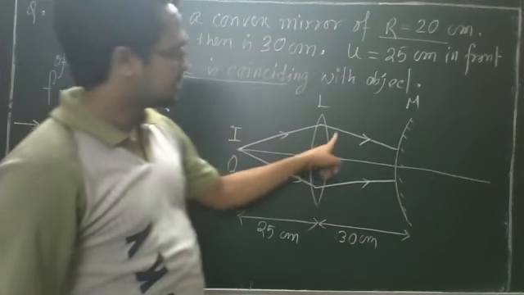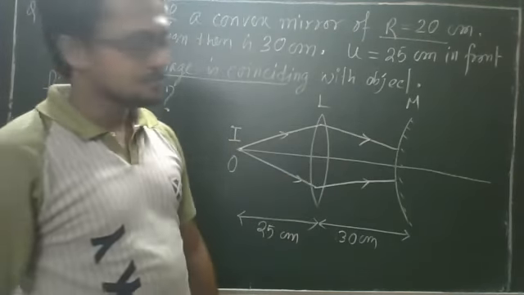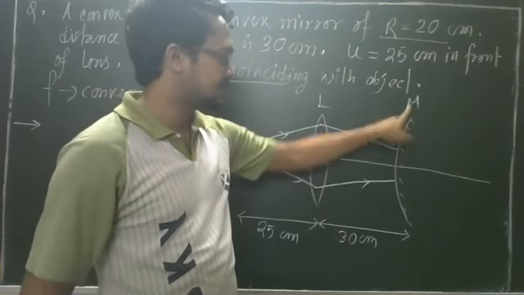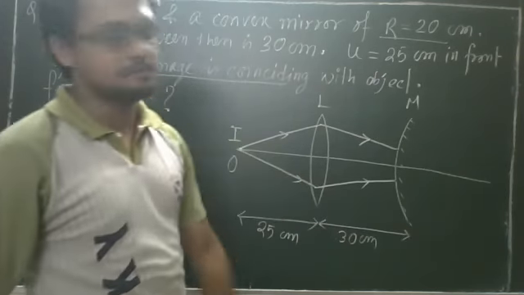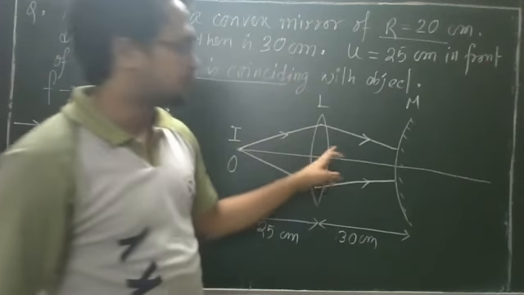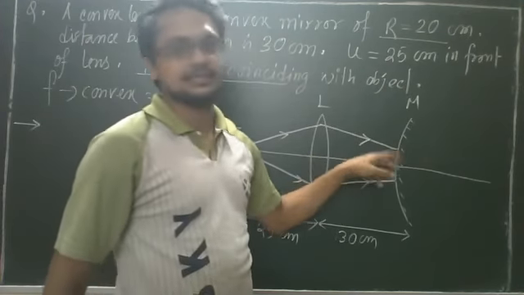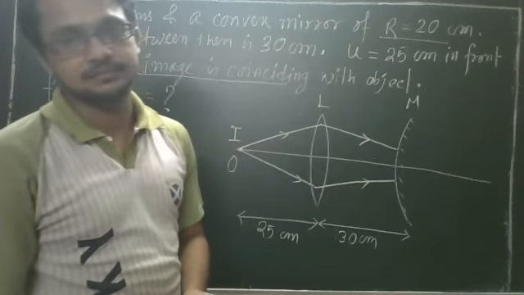When the incident ray on a convex mirror returns back along the same path, it is because the incident ray is incident along the radius of curvature. Clear?